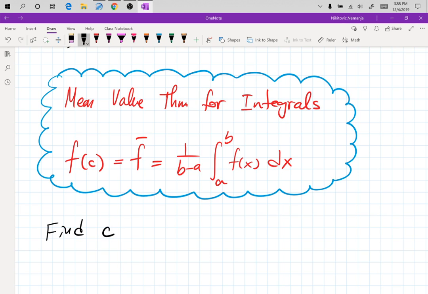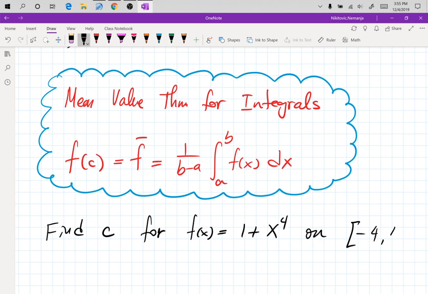So find C for f of x equals, I don't even know what to put anymore, 1 plus x to the 4th on negative 4 to 4.